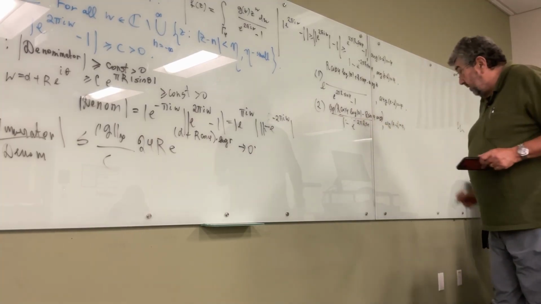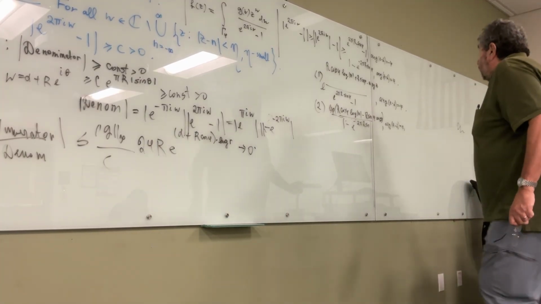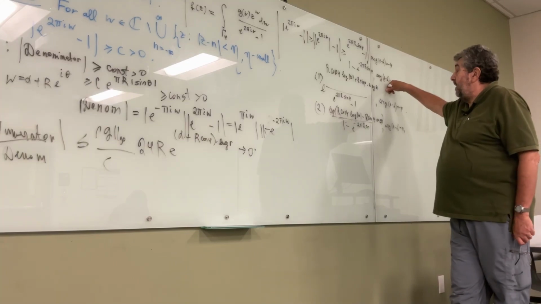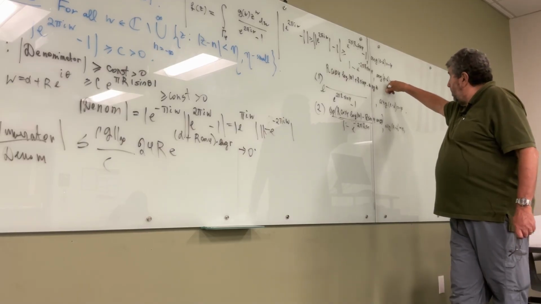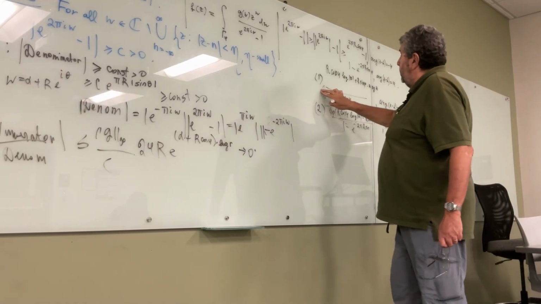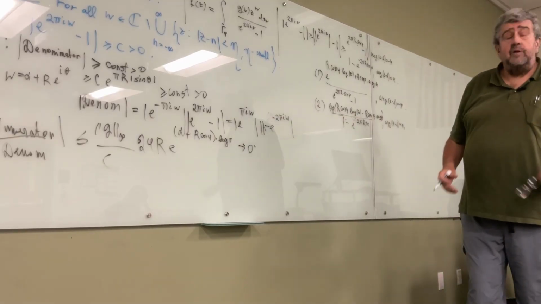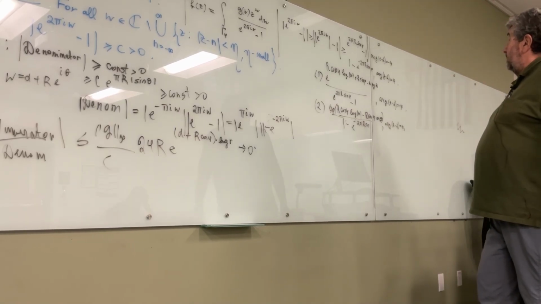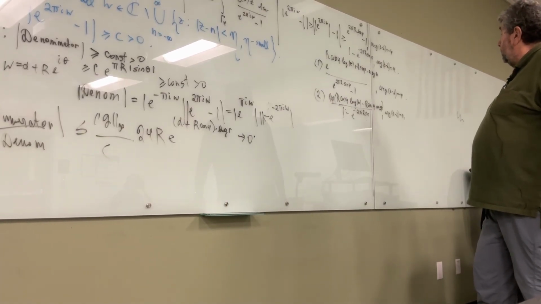And the point is, let's just check. Both should go exponentially to 0 when r goes to infinity. For the first one, you have the ratio. Is it the exponential of the denominator or the exponential of the numerator? It's the exponential of the numerator, actually. That seems okay. Yeah, that's good. So what do we have to have for exponential decay?